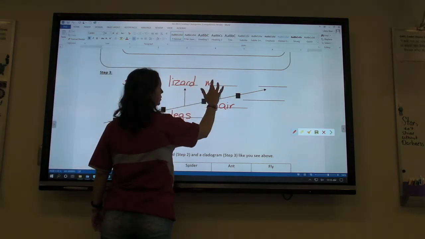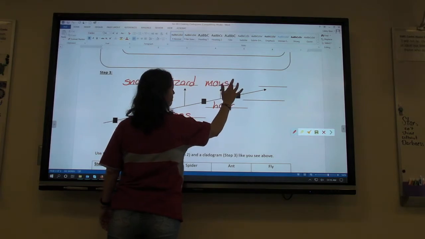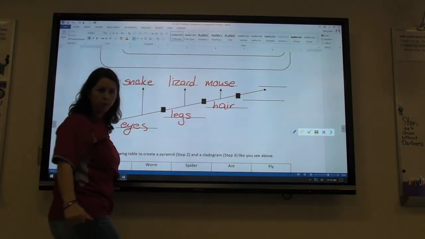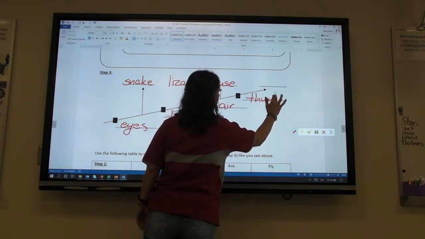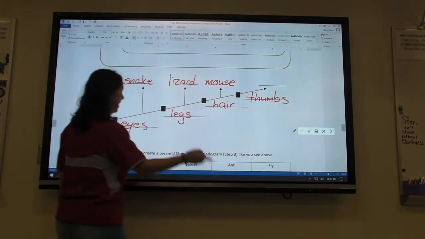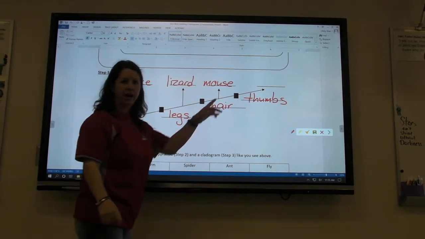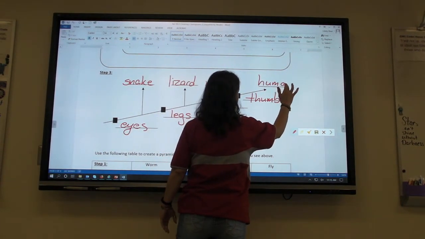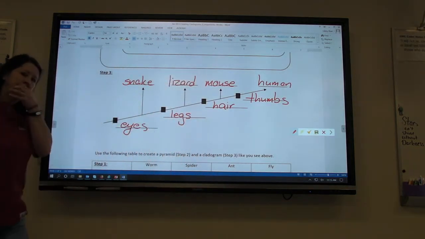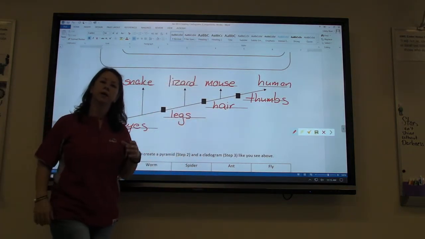The mouse. But the mouse gets left out when you add in thumbs. And what is it that has eyes and legs and hair and thumbs? That's your human. And that's how you set up a cladogram.